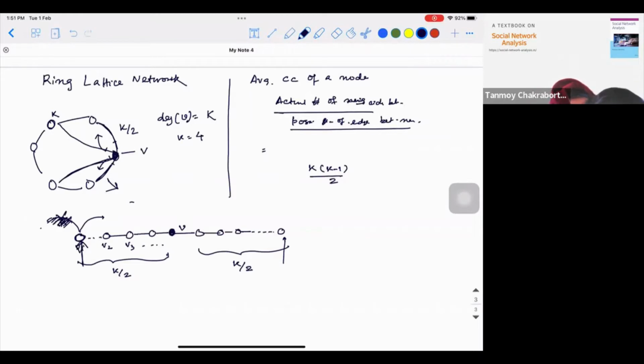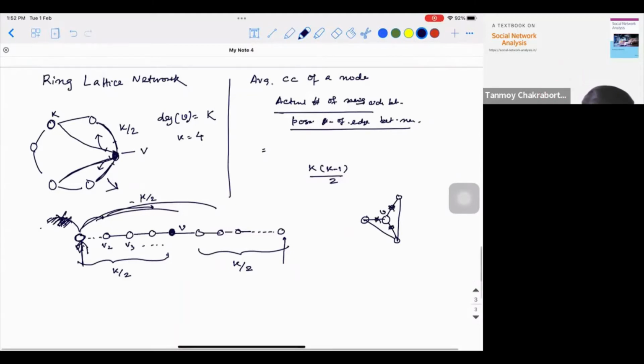So V1 has k by 2 connections in this side, k by 2 connections in this side, right? But please remember one thing, that when we measure the clustering coefficient of this vertex V, we do not consider the edges which are directly connected to V. We do not consider this edge, and this edge. Remember this.